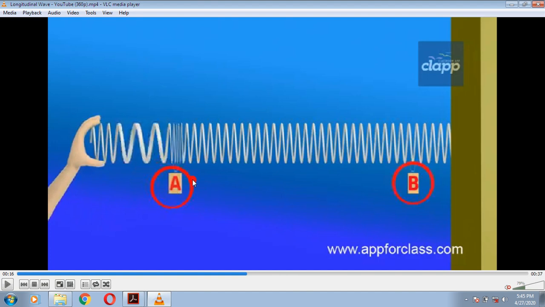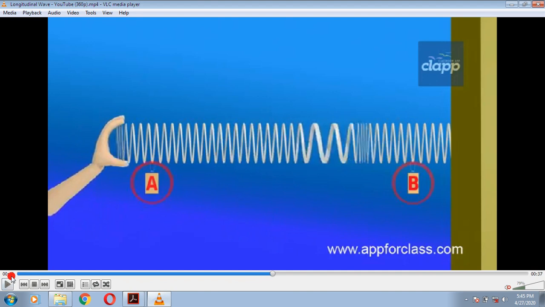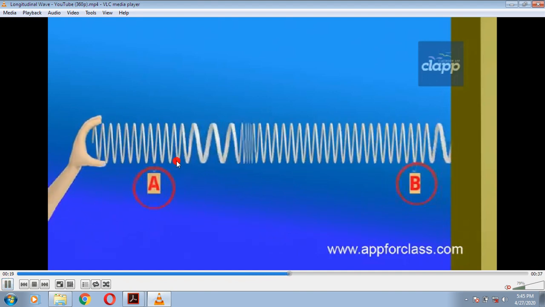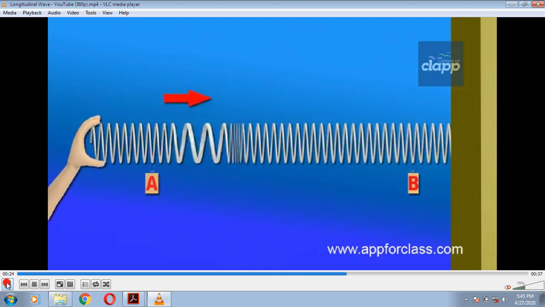However, simultaneously if we observe the behavior of the points, a point displaces and again comes back to its original position. But what happens? The disturbance propagates through the medium by means of compression and elongation.